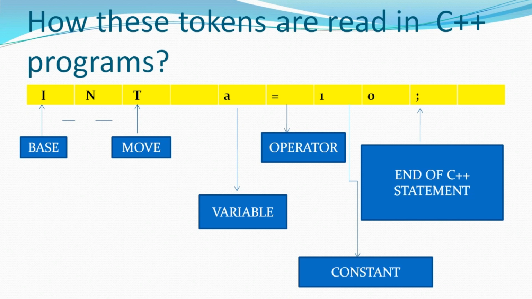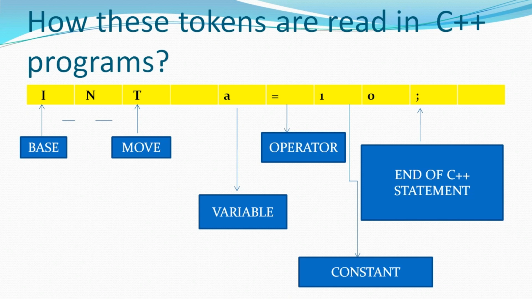For example, you write a code like int a equals 10 and a semicolon. How does the compiler work? There are two pointers in the compiler. One is the base pointer and the second is a pointer that moves. Your base pointer will be at the starting point of your string, like at i.